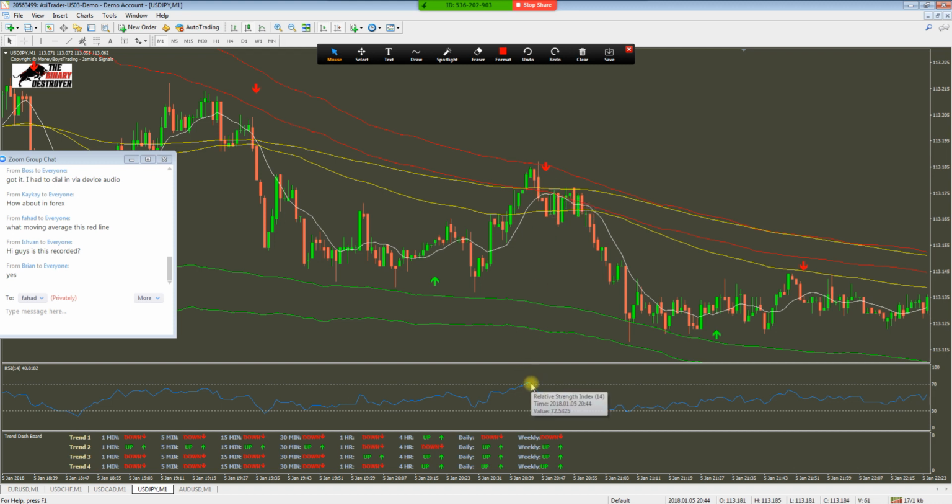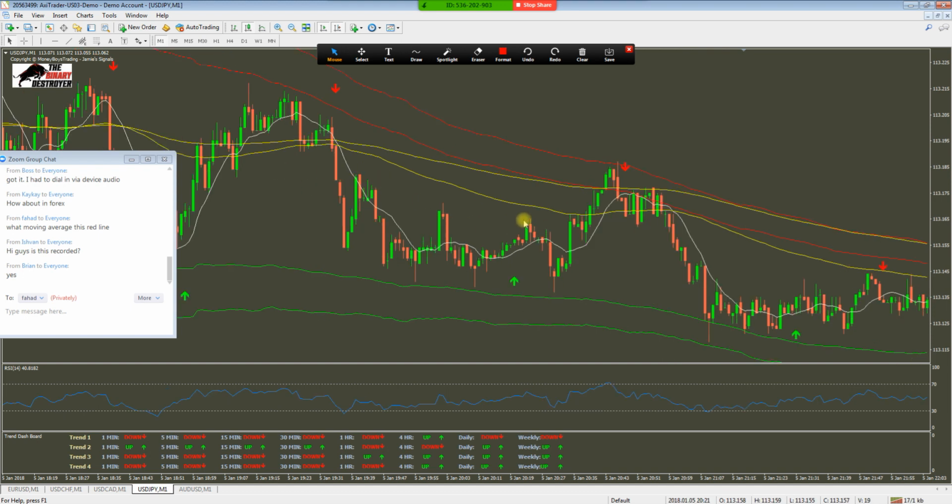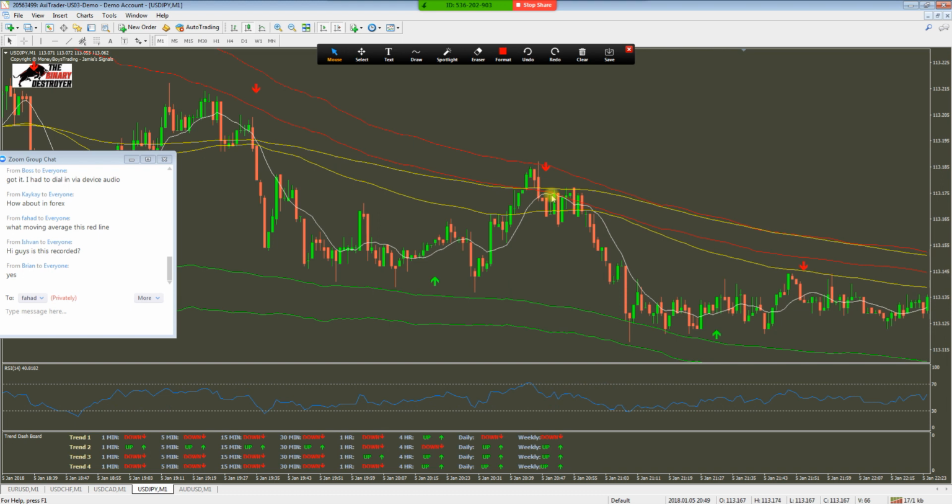RSI is overbought, and the price was below the moving averages. You count the moving averages as kind of like support and resistance as well. So we've got major support here, resistance here. We've got the sell zone, we've got a signal arrow, and the price is in between these 100 and 200s.